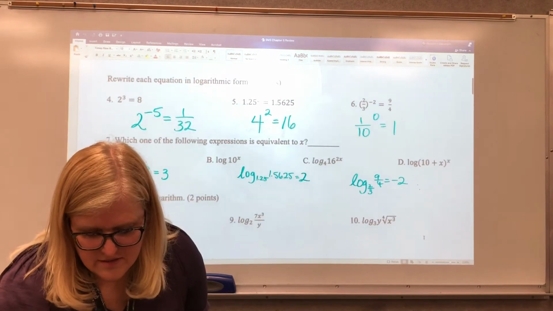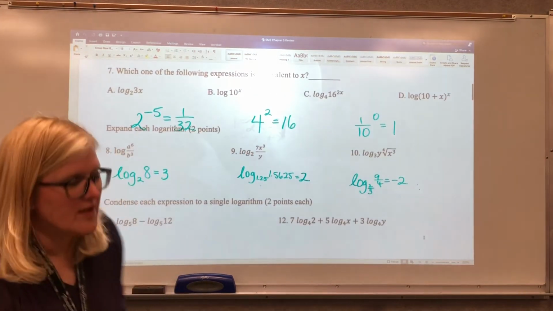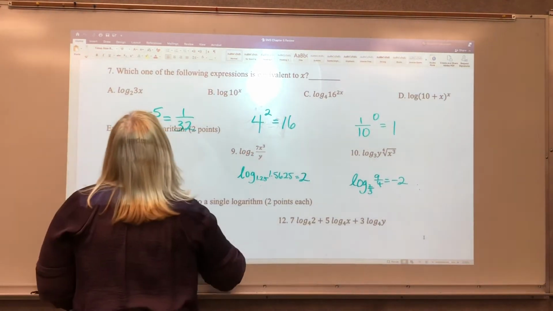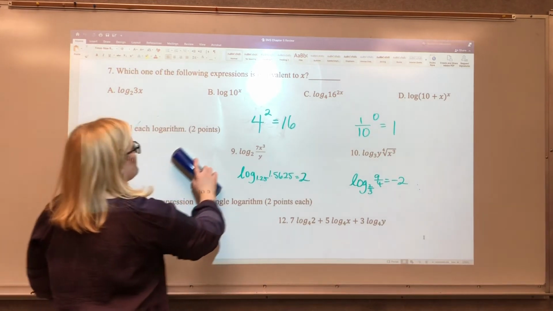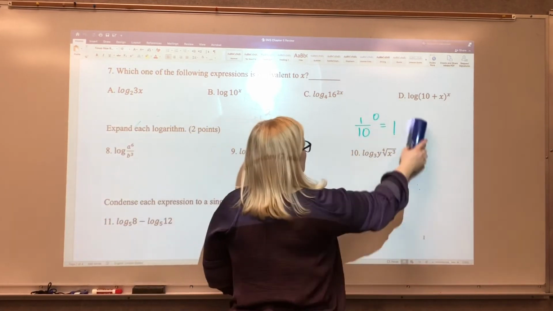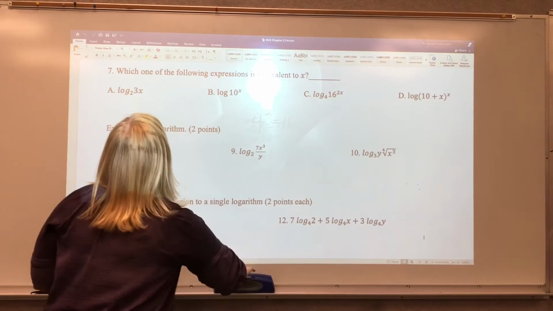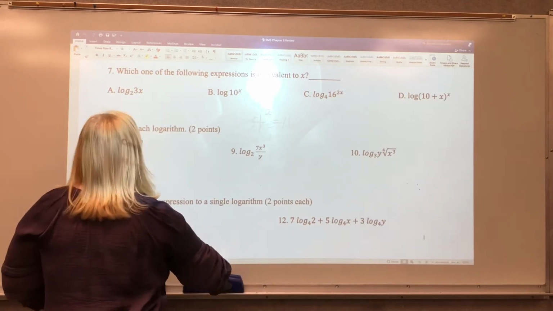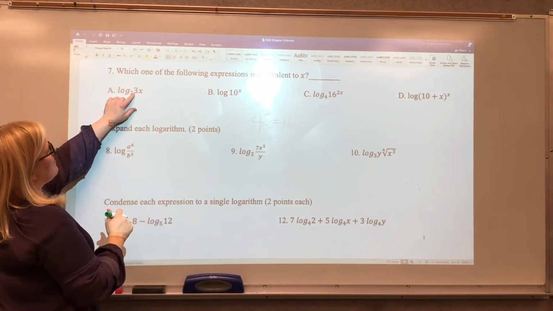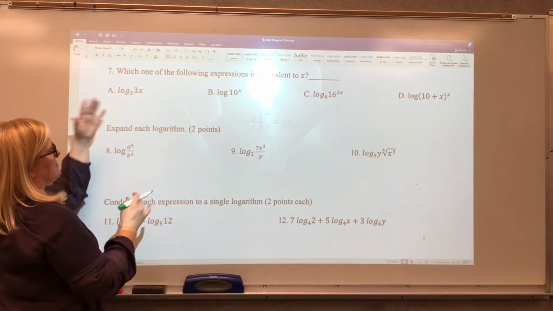All right. Which one of the following expressions is equivalent to x? Well, let's look for just a minute. Okay, I've got 2 to the something power gives me 3x.